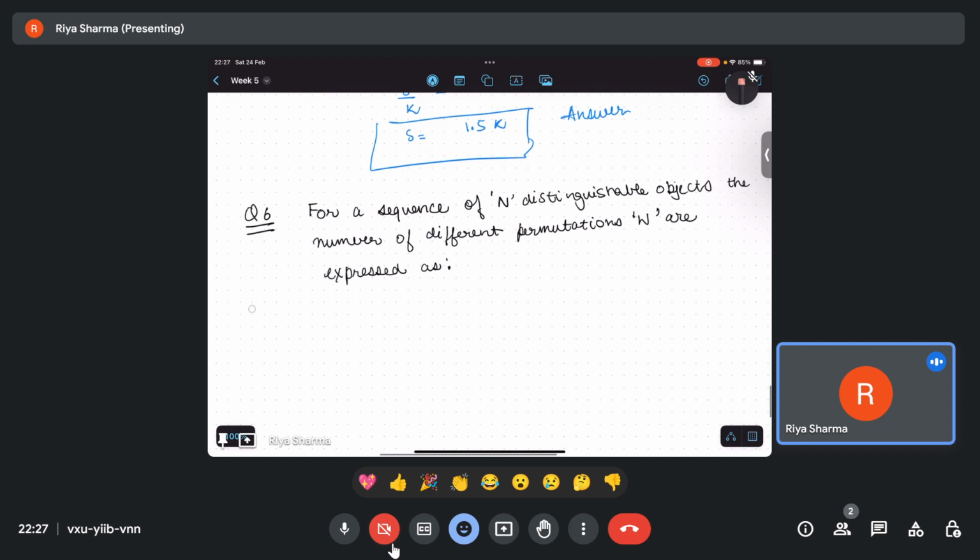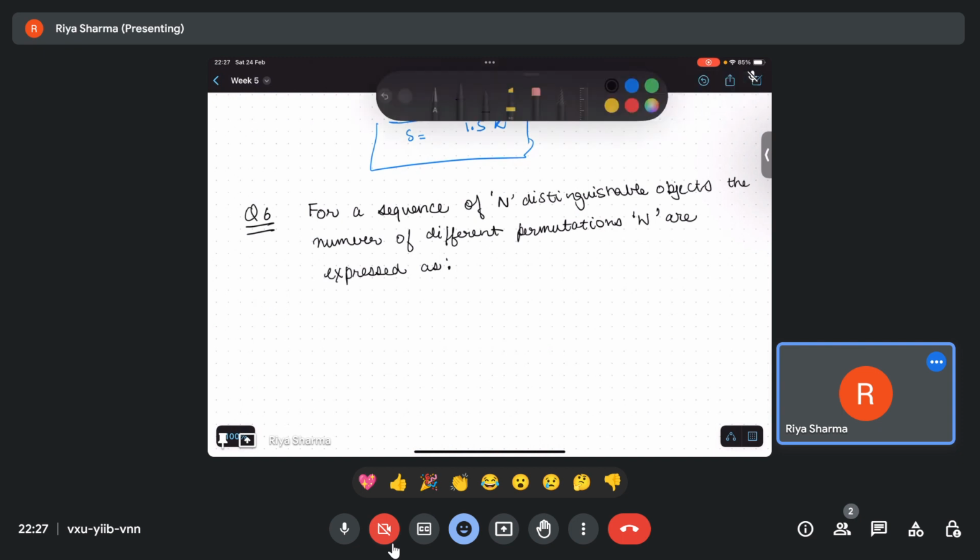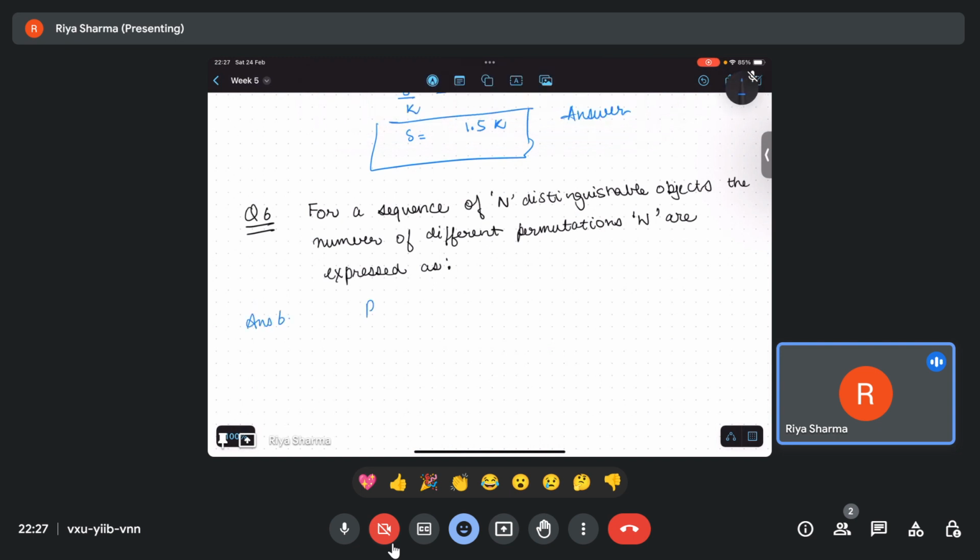So permutations equals number of, factorial, which will be equal to n factorial.